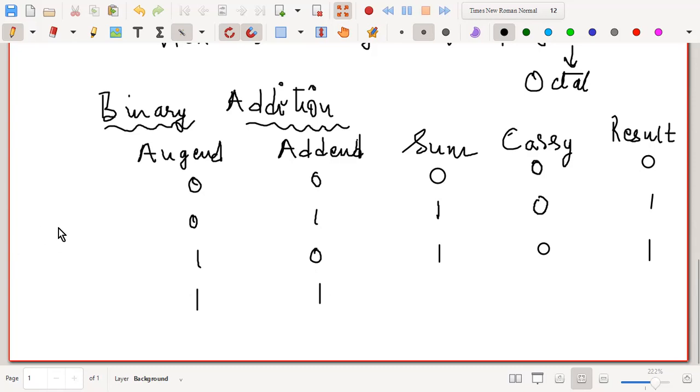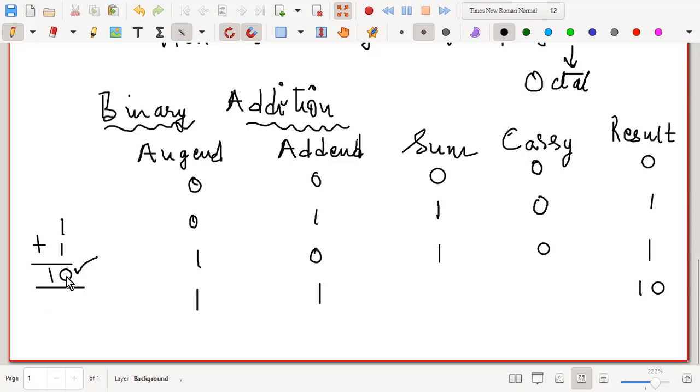Now if you add 1 and 1, the result is actually 1 0. Okay, we are getting 1 0 as the result. Just note down this step. 1 and 1, you will get 1 0 as the result. What would be the sum?